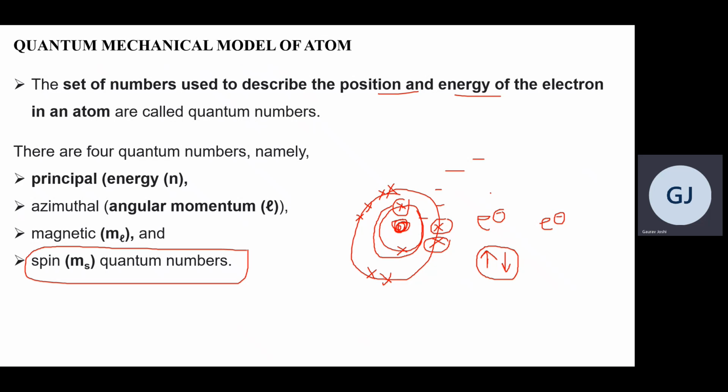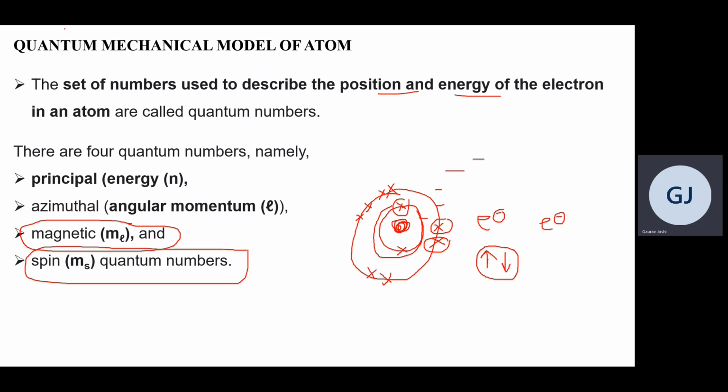That magnetic field will be proportional to the amount of current generated. This is denoted by the magnetic quantum number ml.